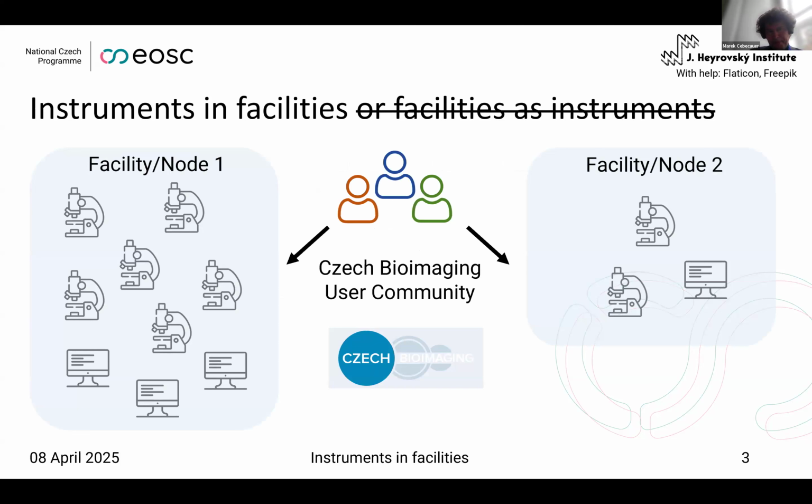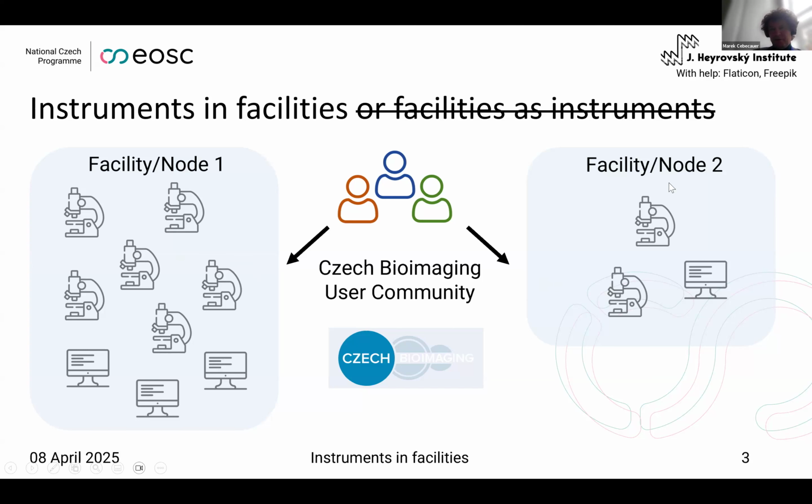So in Czech Republic, especially in the infrastructures I will mention, we have instruments in facilities. What is meant by a facility is some space, usually with a few, often more expensive instruments, which are not available in every lab.